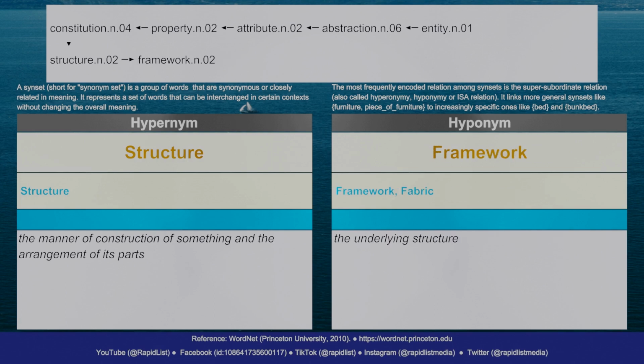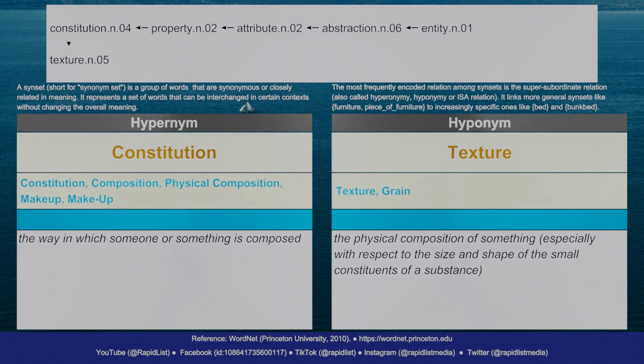Framework. The underlying structure. Providing a factual framework for future research. Infrastructure. The basic structure or features of a system or organization. Texture.